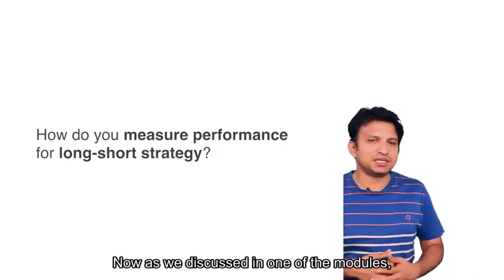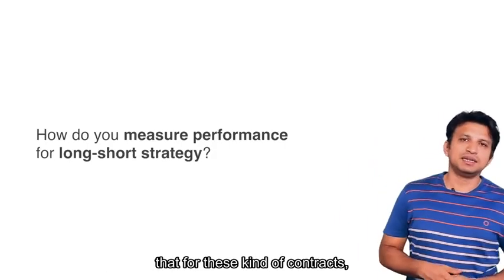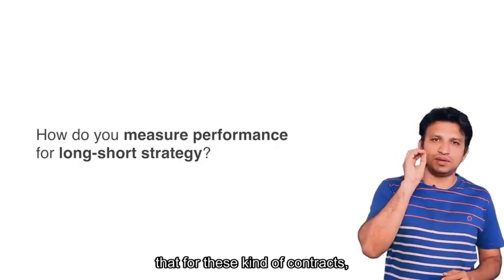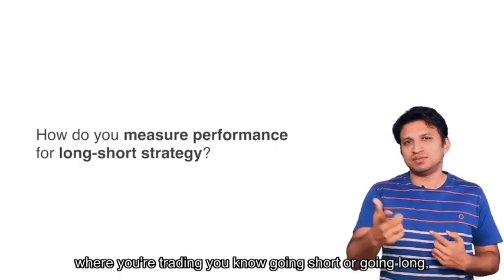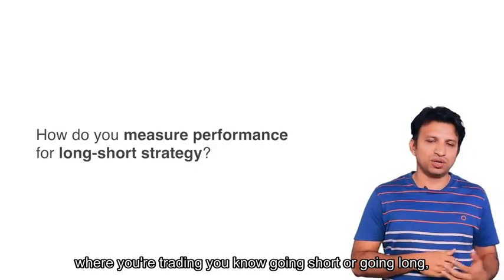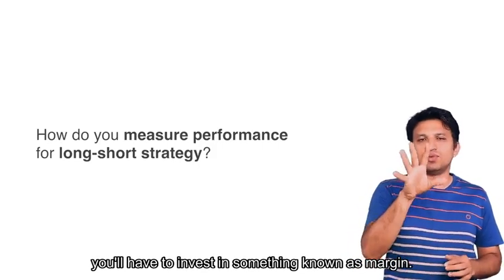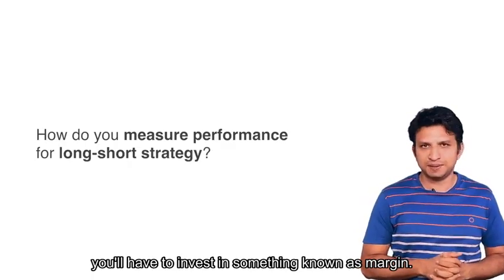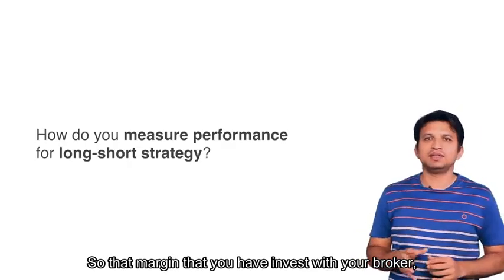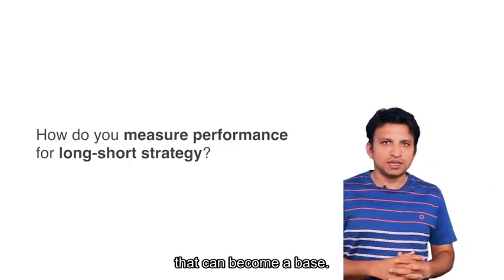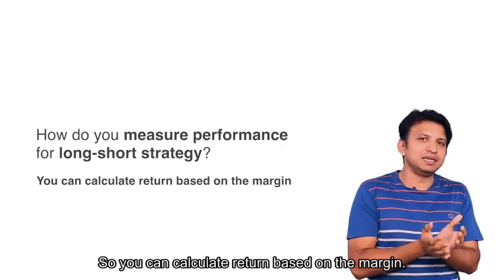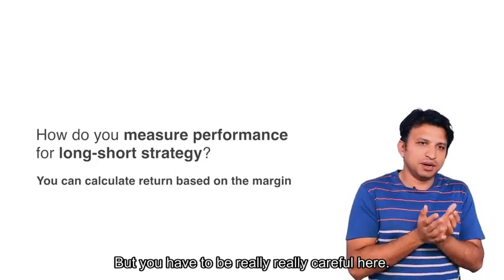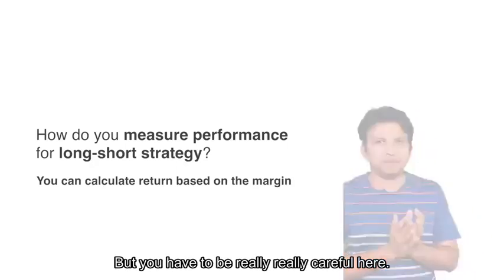As we discussed in one of the modules, for these kinds of contracts where you are going short or going long, you will have to invest something known as margin. So that margin that you have to invest with your broker can become a base. So you can calculate return based on the margin, but you have to be really careful here.